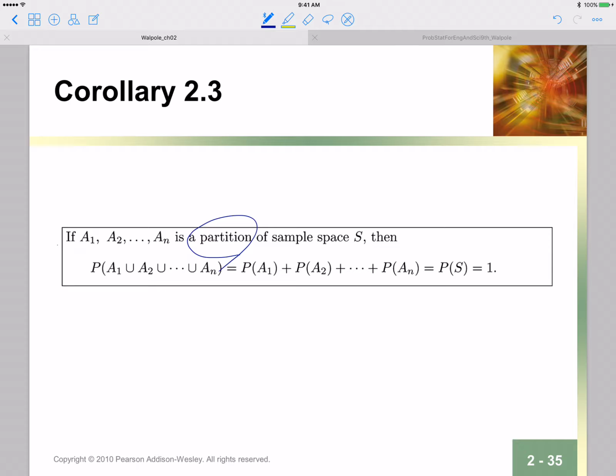Okay, and then here we see another term, partition. Is there anyone who heard about clustering? Clustering or classification or regression? No one heard about clustering? Classification or regression?